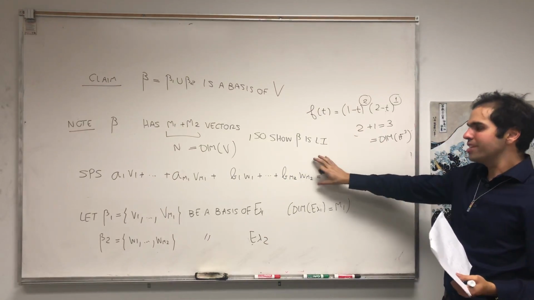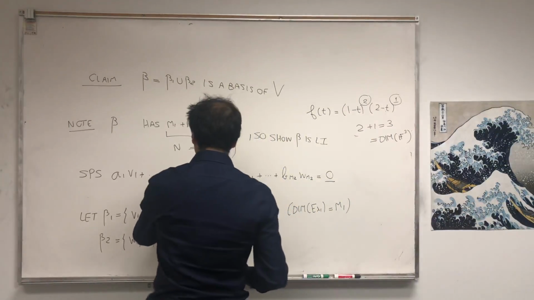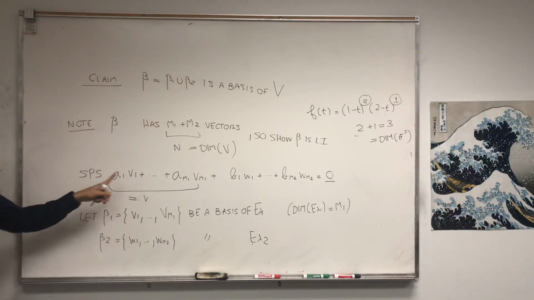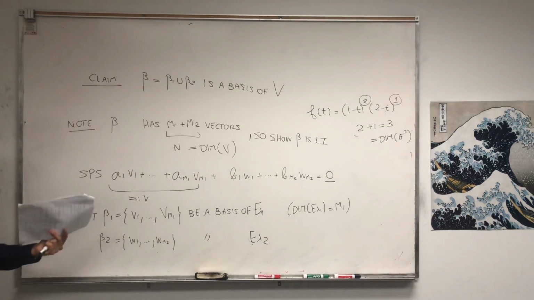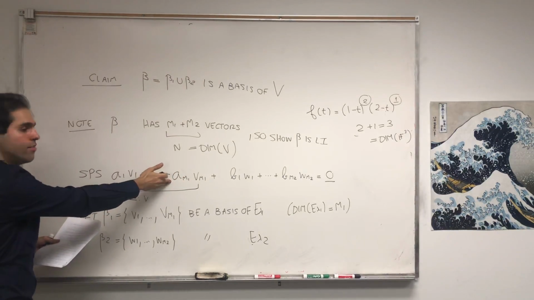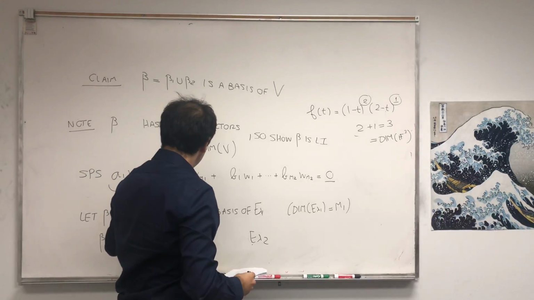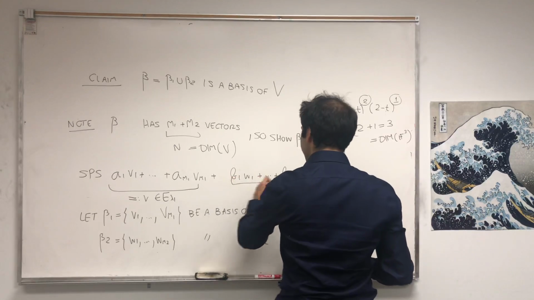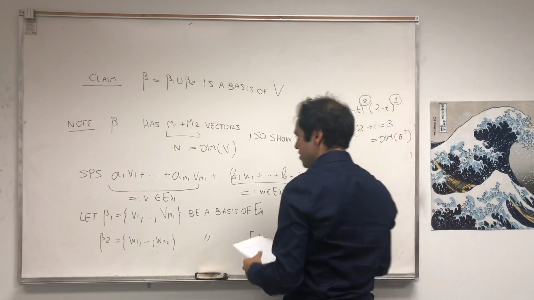Then notice what this is saying is somehow the sum of two vectors is 0. Let's define this to be v. Now, all the vi's are in E lambda 1, but E lambda 1 is a subspace. So if you take any linear combination of the vectors of this subspace, it's still in the same space. So this left vector is in E lambda 1, and this right vector is in E lambda 2.